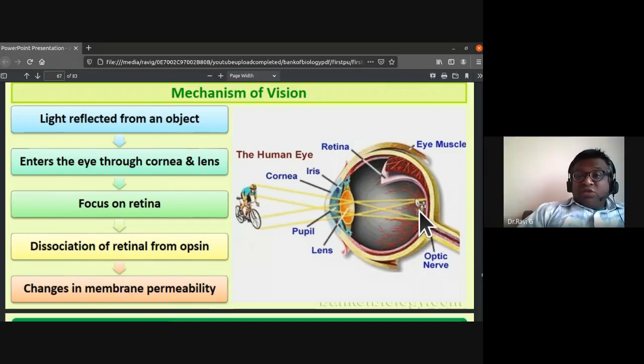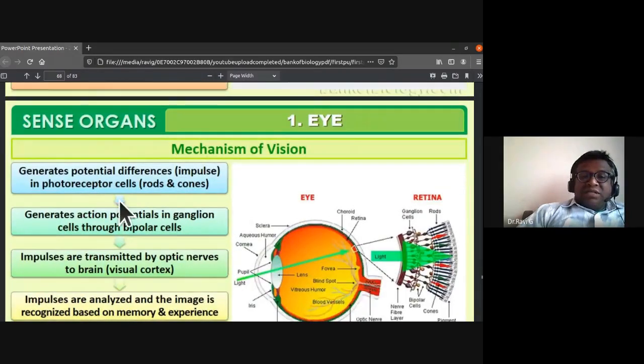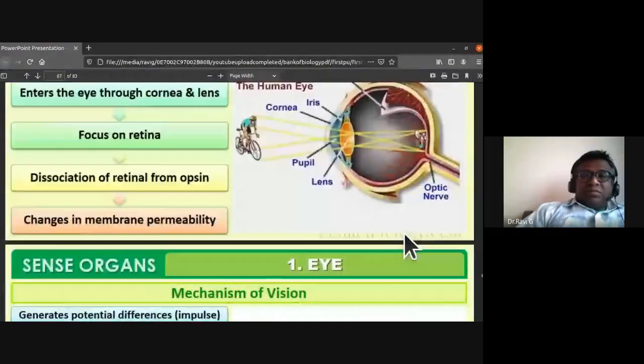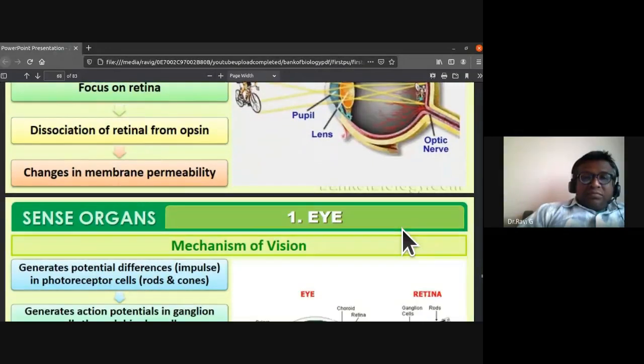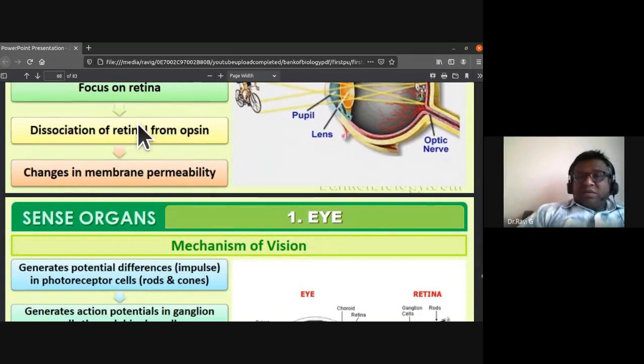The image would be inverted. Dissociation of retinal from opsin takes place, causing a change in membrane permeability.